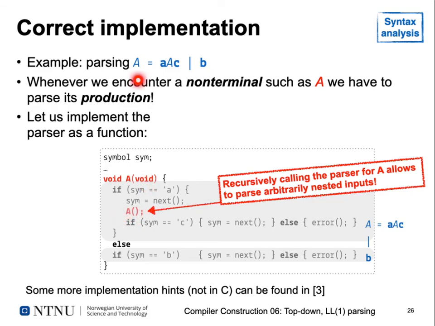If we had more productions, like a capital B, and we had a non-terminal symbol B somewhere, we would just recursively call the function that implements parsing B. So this allows us to count, which is what regular expressions couldn't do. By recursively calling the parser, our computer uses stack frames that are added to the bottom of our stack and then deleted whenever we return from this function. This enables us to count and to ensure that we can match this A to this C in the right recursion of our production.